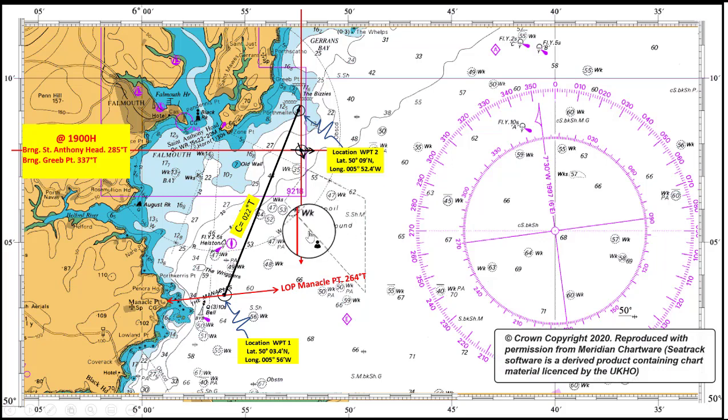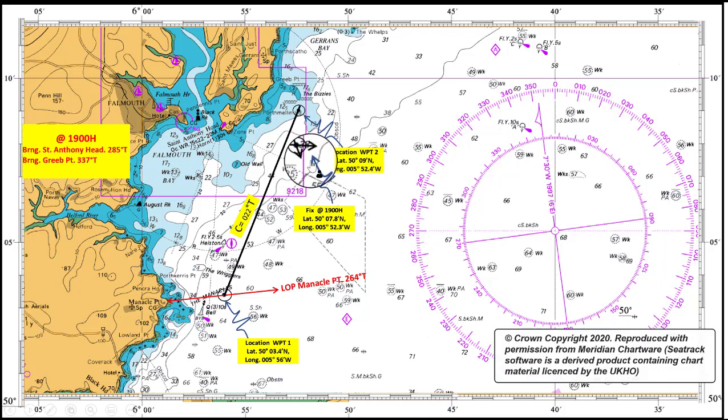And longitude is 5 degrees, 45, 50, 51, 52.2. The middle of 4 and 2 is 3. So our coordinates are 50 degrees 7.8 minutes north, and longitude 5 degrees 52.3 west. That's the location of your fix. So now we are off track.